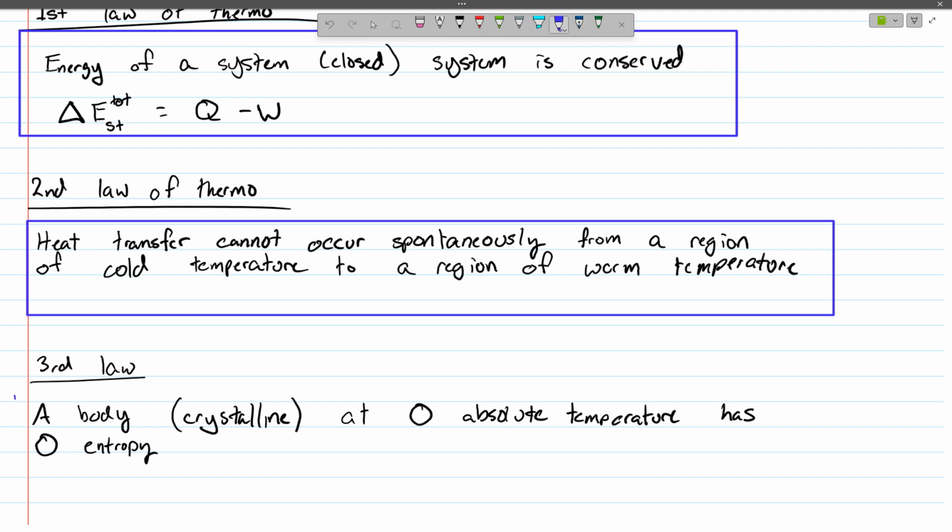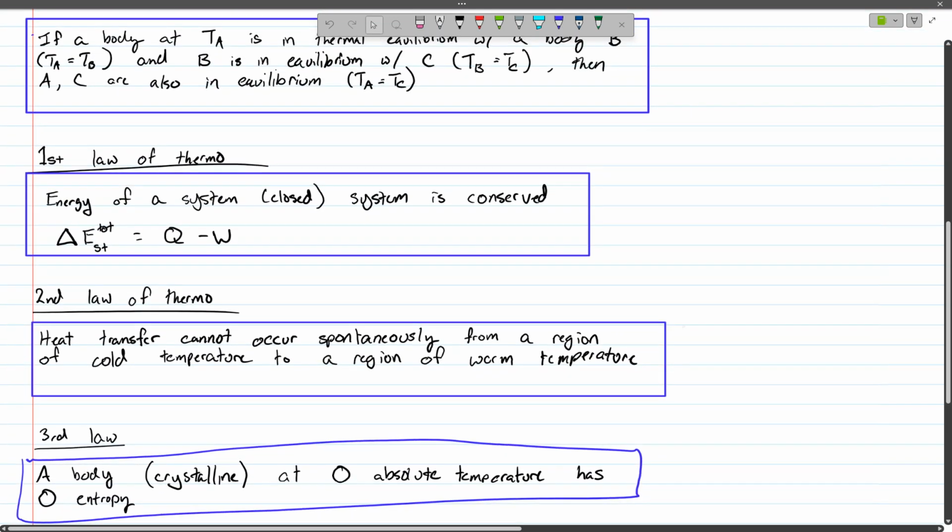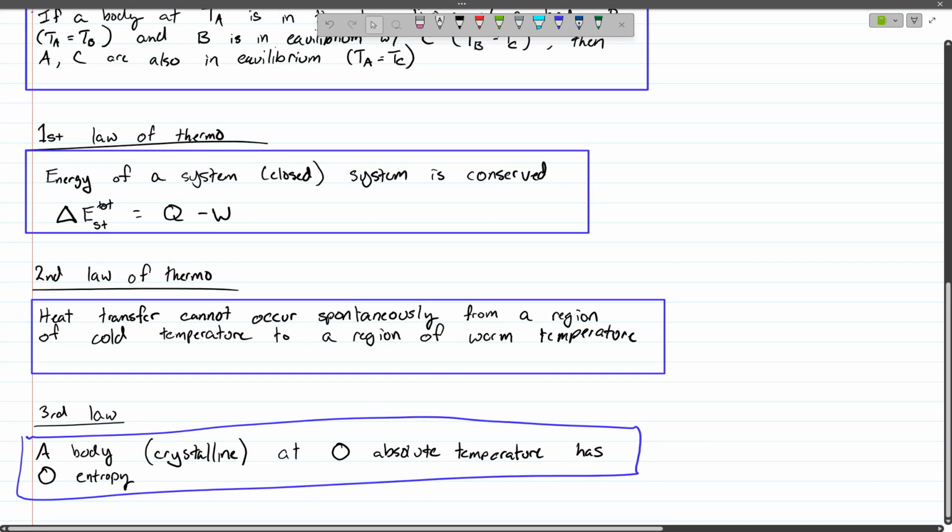Okay. So we've got these written down. To some degree, we're going to be drawing on all of these, but it is laws one and two that we're going to be using most heavily in this class.